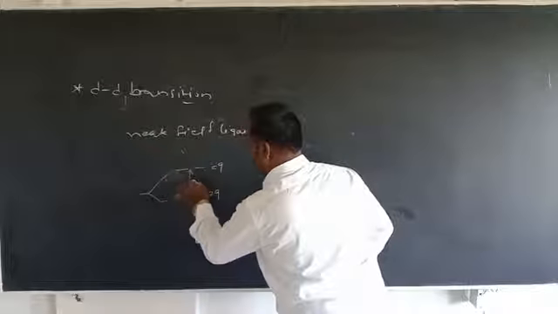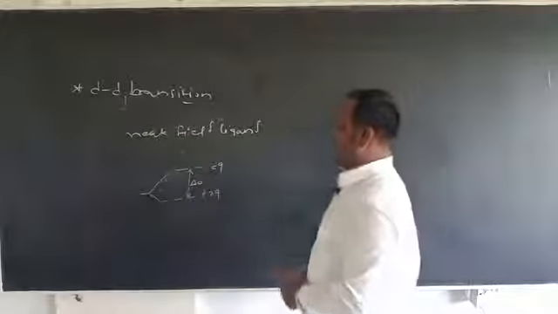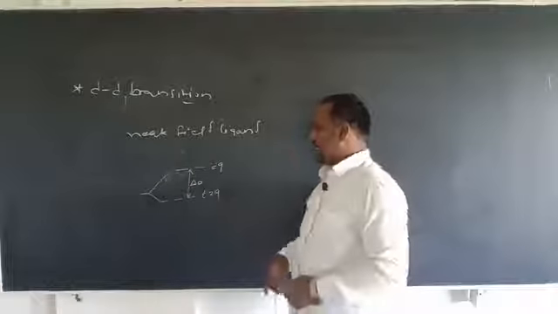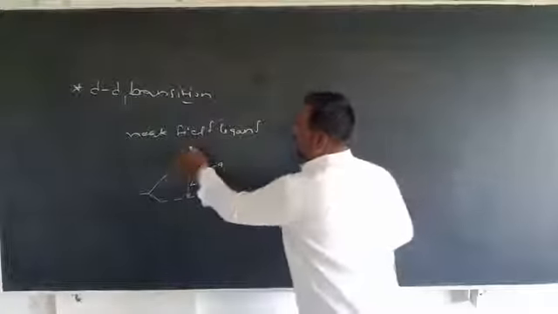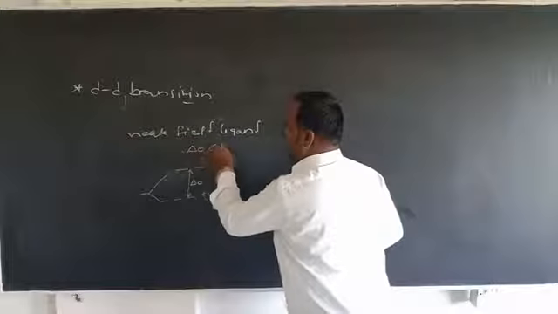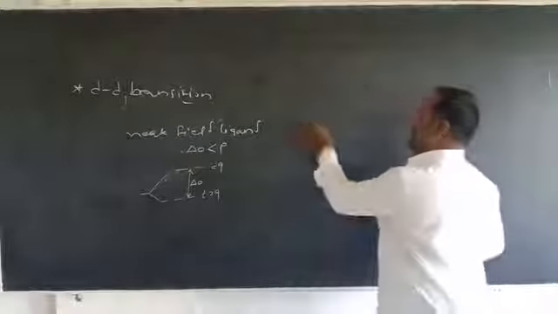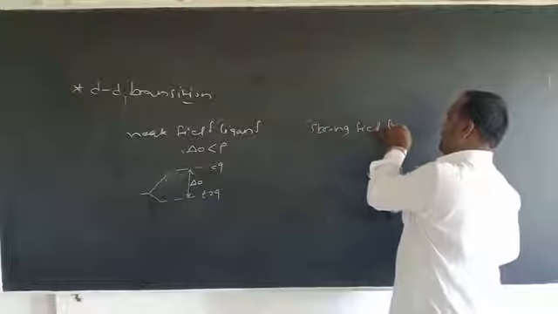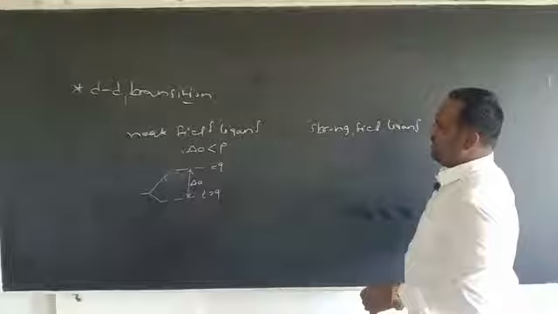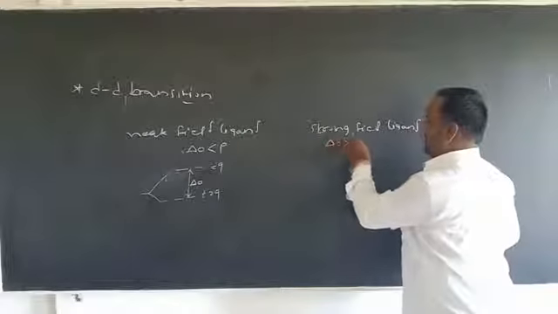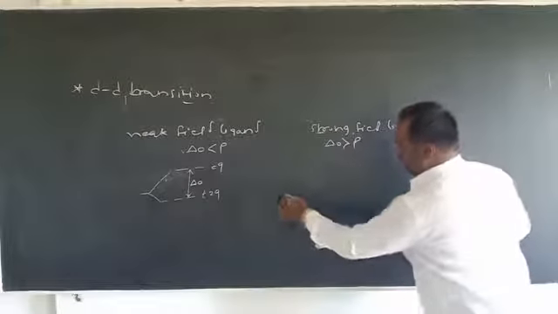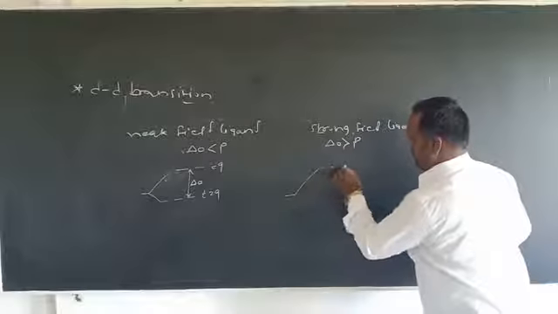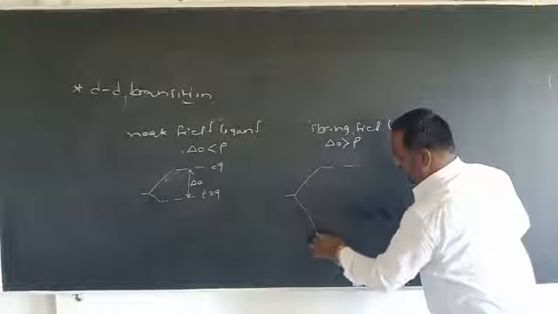The gap is considered delta octahedral, the energy difference between these orbitals. In this case delta octahedral is less than the pairing energy, while in a strong field ligand, delta octahedral is greater than the pairing energy. So it shows a large difference.